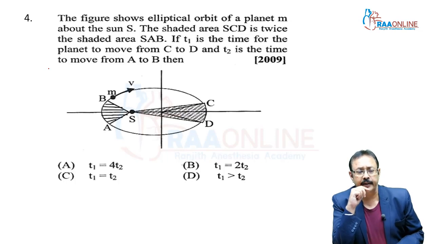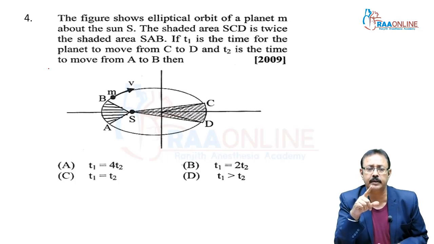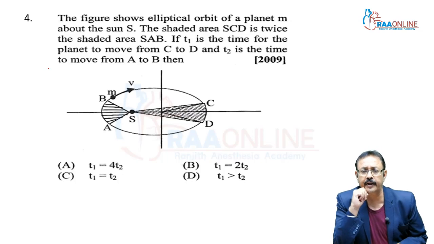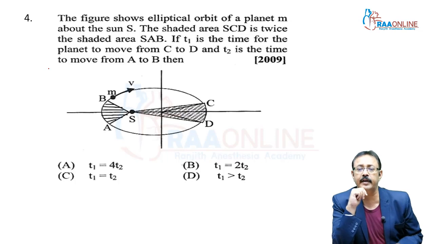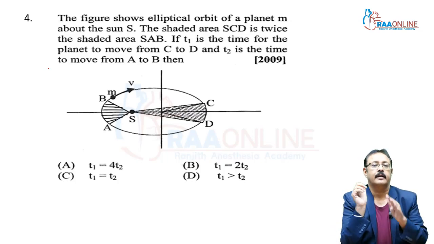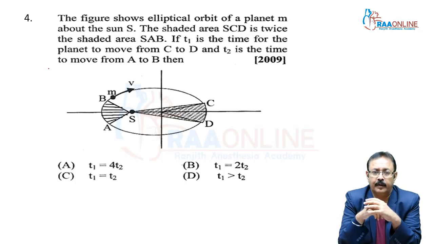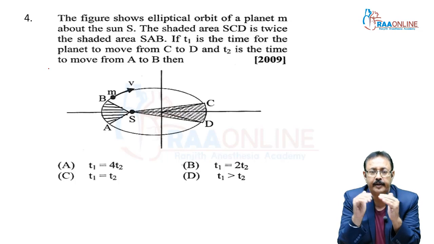In 2009, in AIPMT, they gave this problem which we discussed in our theory part. The figure shows elliptical orbit of a planet M about the Sun S. The shaded area SCD is twice the shaded area SAB. If T1 is the time for the planet to move from C to D, T2 is the time to move from A to B, then I told you that in the same interval of time, it will travel the same area.